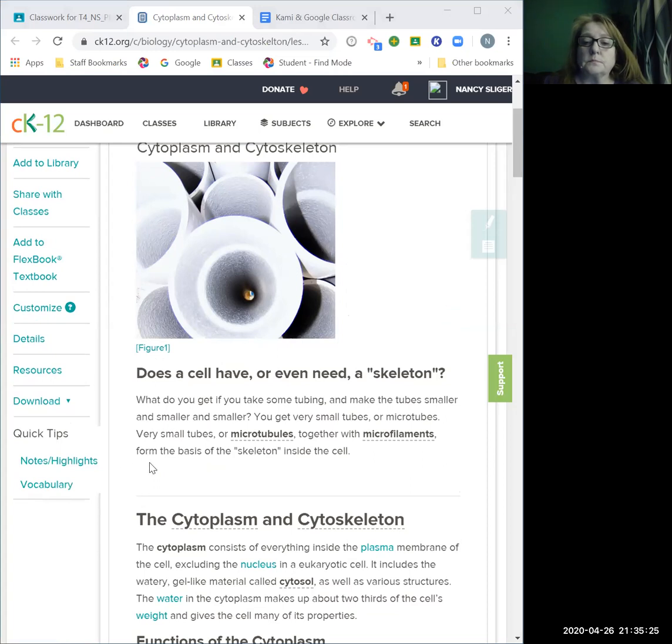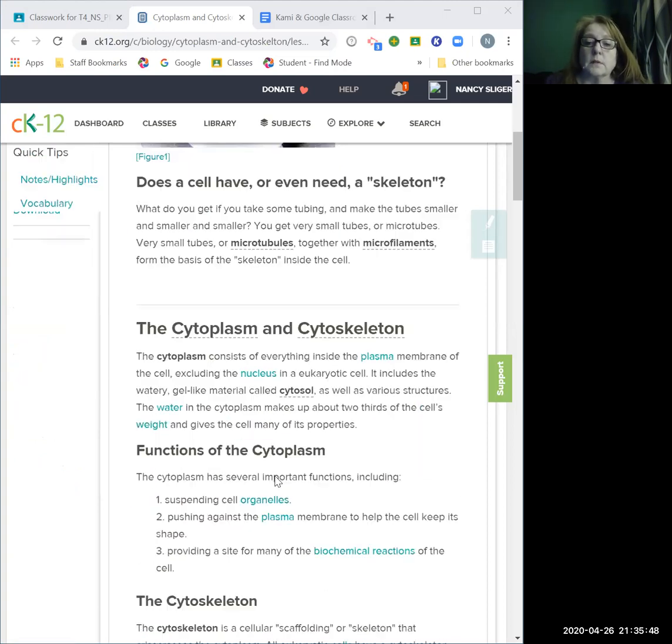So here I'd probably put microfibers, and it does provide some structure for the skeleton. And it provides support, it provides shape for the cell.